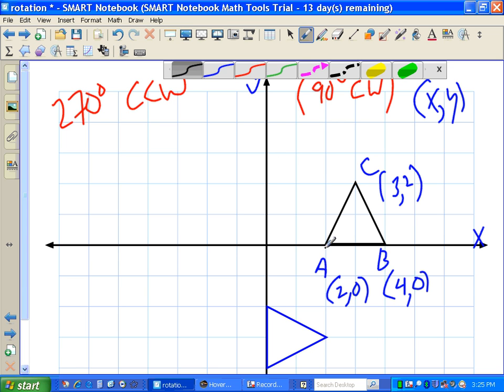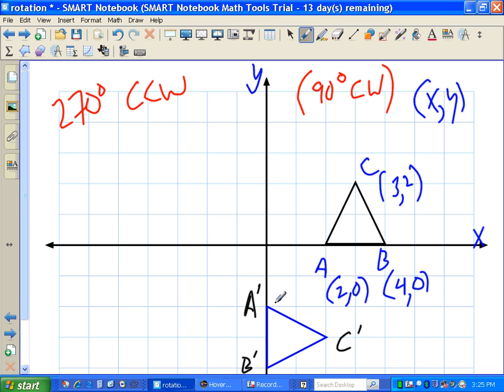When we rotated, A came up top here. A primed, B primed, C primed. My new A coordinate looks to be (0, -2). My new B coordinate looks to be (0, -4). My new C coordinate appears to be (2, -3). Is that right? (2, -3).